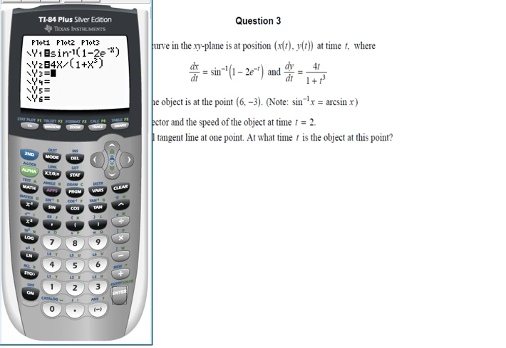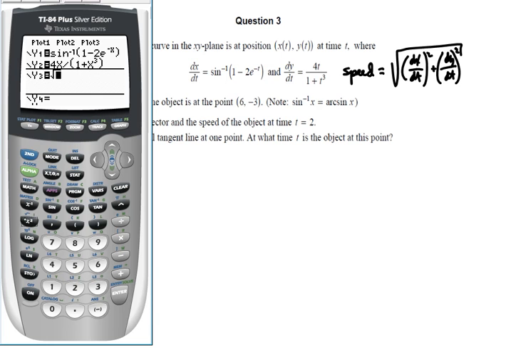So in order to find the acceleration vector at this point, I'm just going to go ahead while I'm here. In order to find speed, what I need to do is find the square root. It is the square root of dx/dt quantity squared plus dy/dt quantity squared.